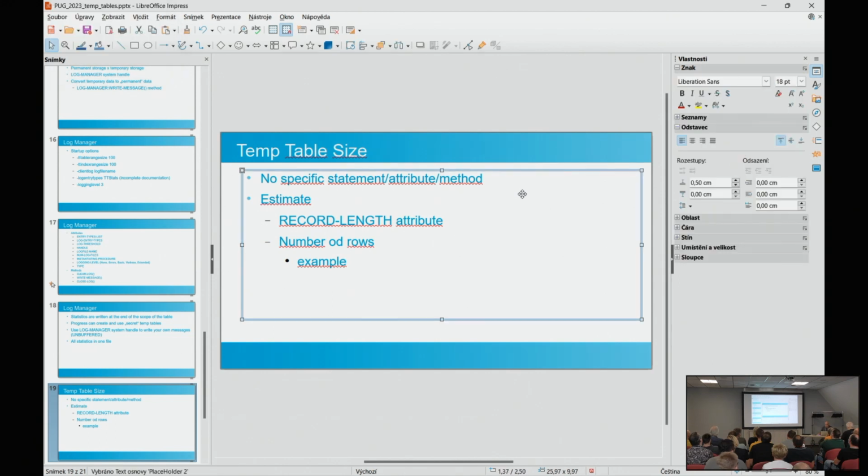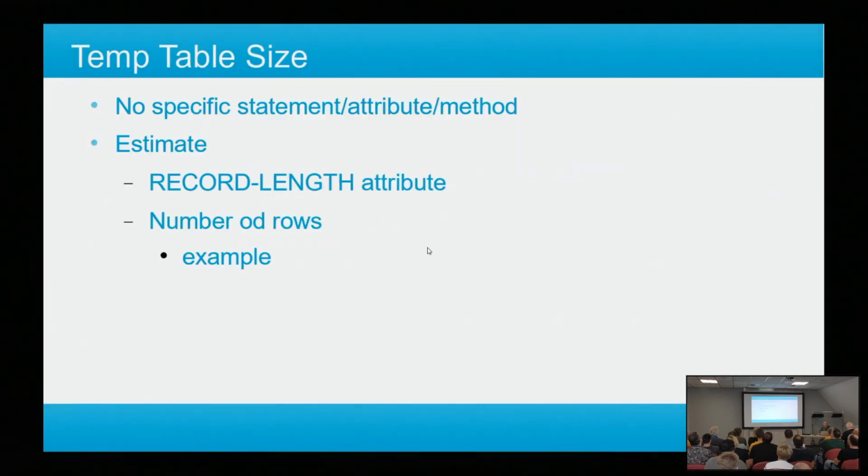The other interesting question you might have is how big is my temporary table? Doesn't it grow so large? Doesn't it occupy too much space? Well, it's like prophecy, like looking in a crystal ball, because you never know what's in there.